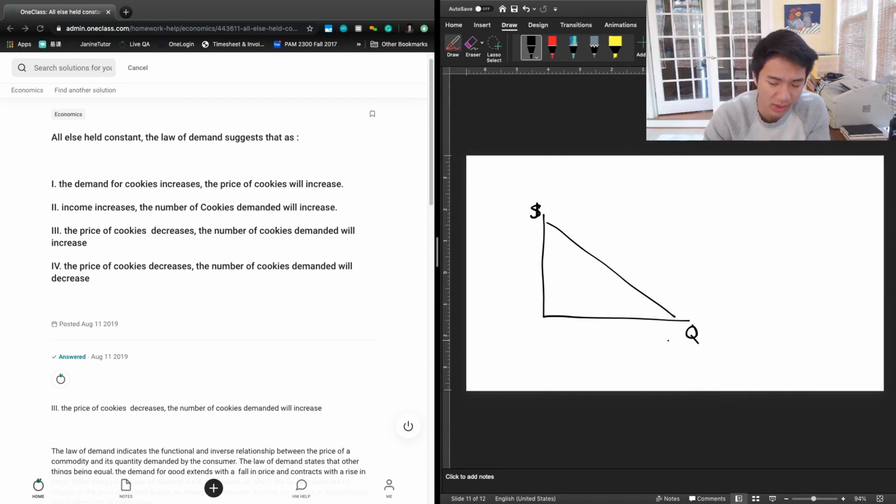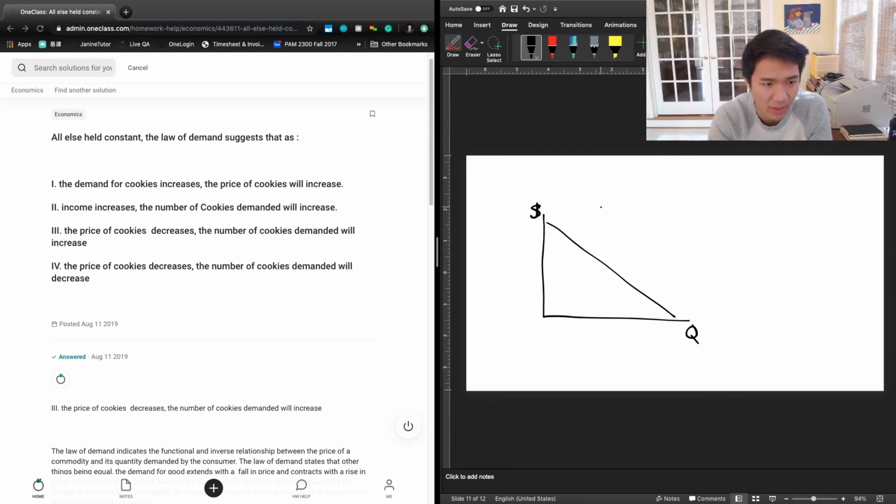And we know that the relationship being depicted is that between price and quantity. And we also know that as price goes down, quantity demanded goes up. And the opposite is also true. As price goes up, quantity demanded goes down, right? That's what this illustrates. And so we're going to look for something in the answer choices that reflects that relationship.